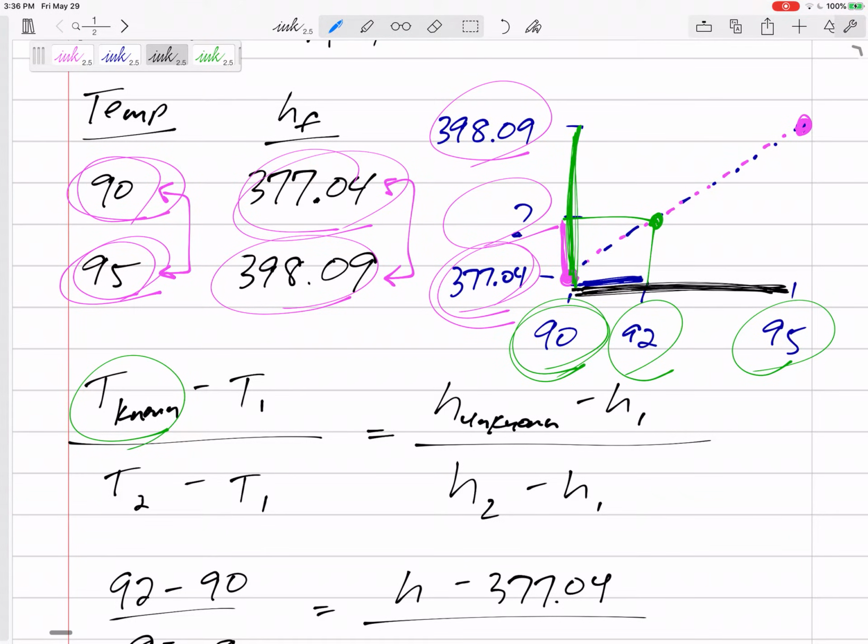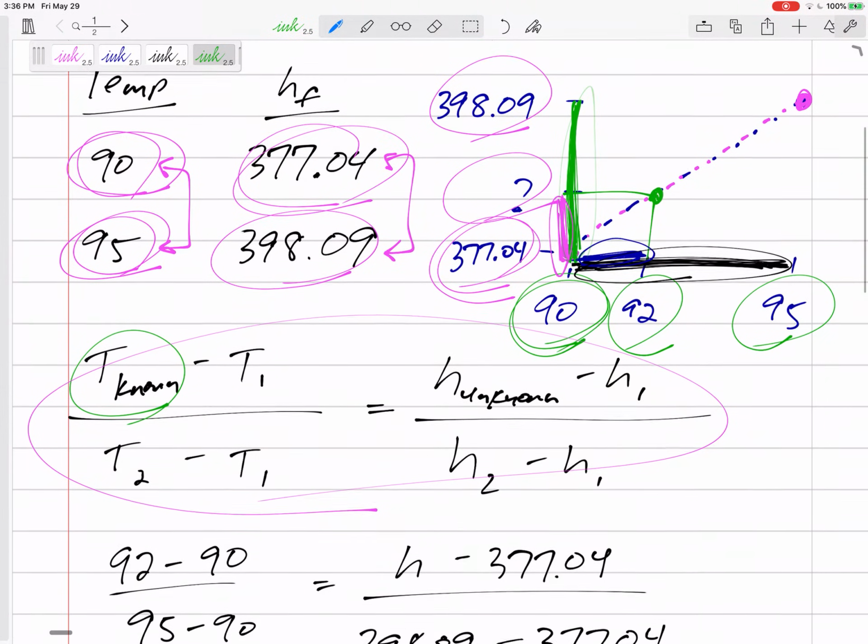It's saying that this black line divided by the blue line is equal to this green line divided by the pink line. Now, because this is two fractions that are equal to each other, it's okay if you flip both sides of the equation and you say this blue line divided by the black line is equal to the pink line divided by the green line, all right?